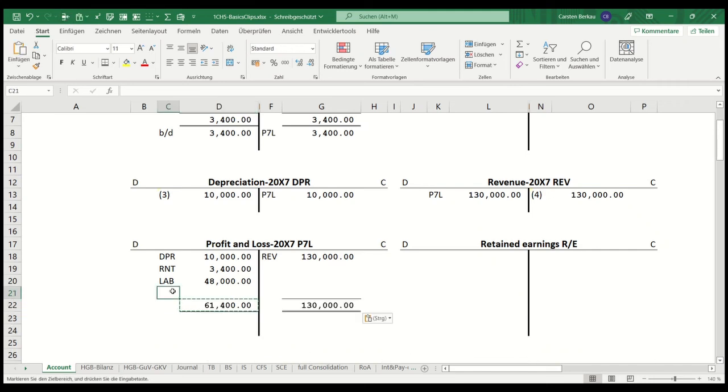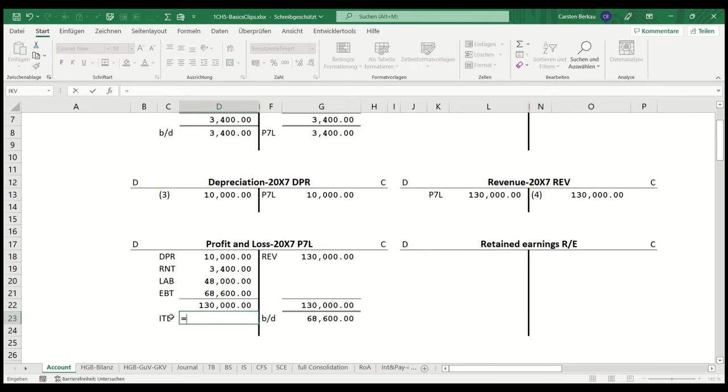The next step is to balance off the profit and loss account. As the profit is the difference between revenue and all expenses, the balancing figure can be called the earnings before taxes, or EBT. Next, I calculate the income taxes. I write income tax liability and I put in the formula 30% or 0.3 multiplied with the pre-tax profit of 68,600.